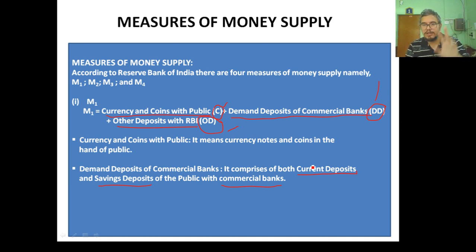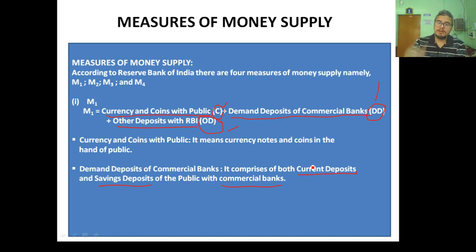So here there are two types of deposits, that is current and savings deposits. In current deposits, you can put money into your bank account as many times as possible, and you can also withdraw the money as many times as possible. For maintaining the current account deposits, you will not get any rate of interest on the current account deposits which you have kept.